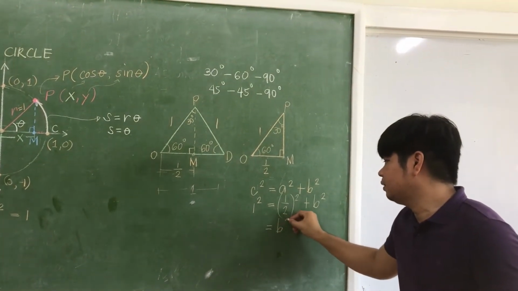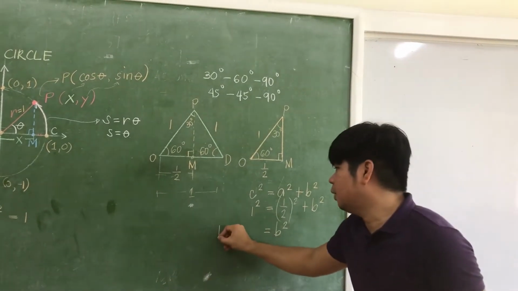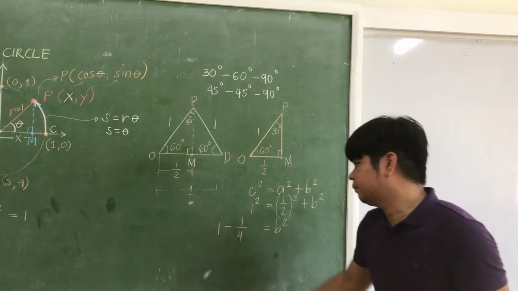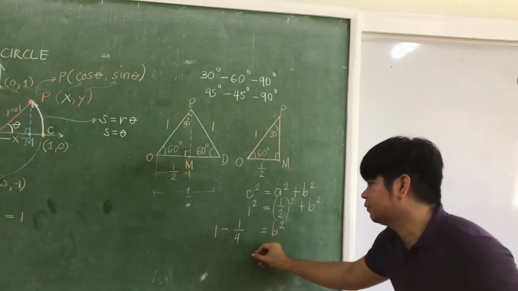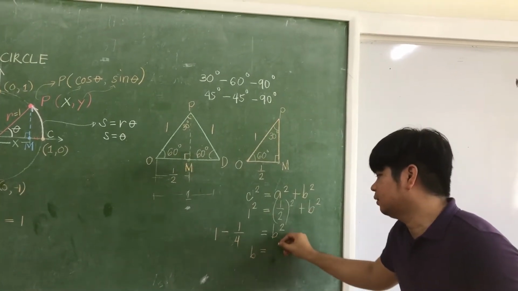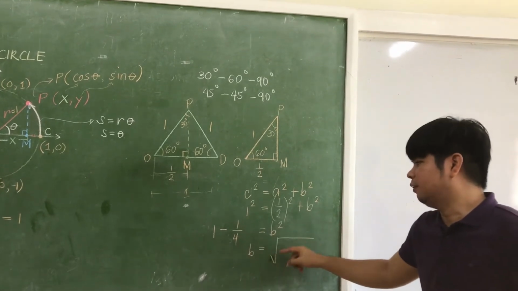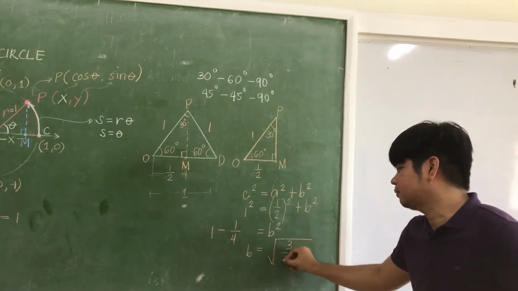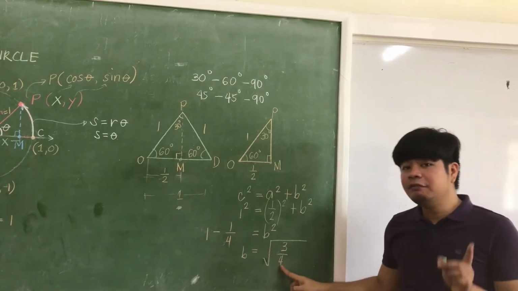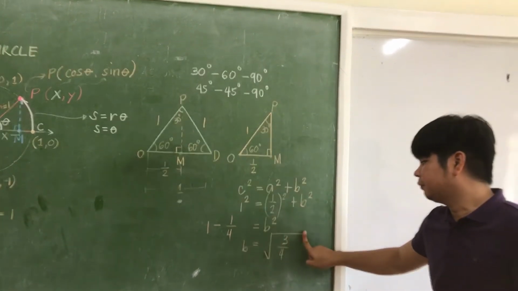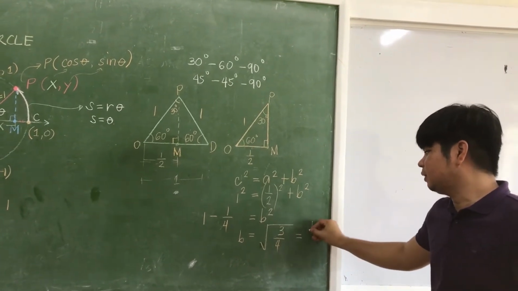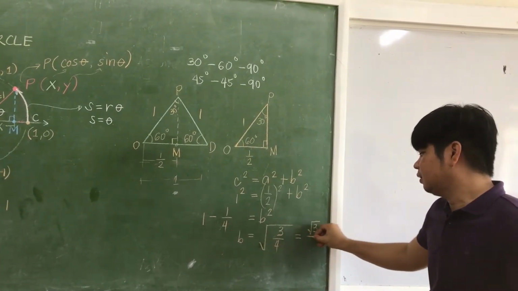So B squared is equal to 1 minus the square of 1/2, which is 1/4. So B is equal to the square root of 1 minus 1/4, which is 3/4. 4 is a perfect square number, and 3 is not a perfect square number, so B is equal to the square root of 3 over 2.